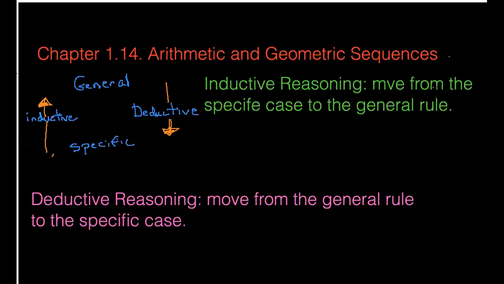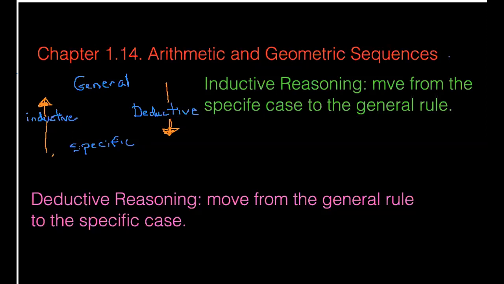All right, so first concept I want to talk to you about is something called inductive reasoning and deductive reasoning. They put this in the chapter, and I just want to give you kind of a general definition. So inductive reasoning is when you start with specific details of something, and then you make a theory, a hypothesis, and you go to a general rule, okay?